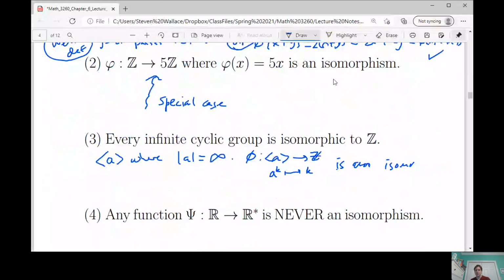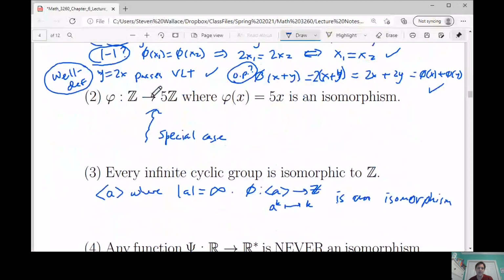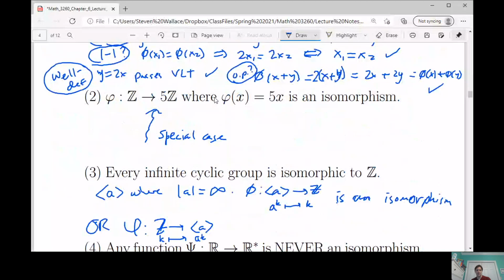This is an isomorphism. Okay. This is essentially what this is, right? Going backwards, I guess. Or we could do the mapping from Z into A by taking K and mapping it to A to the K.